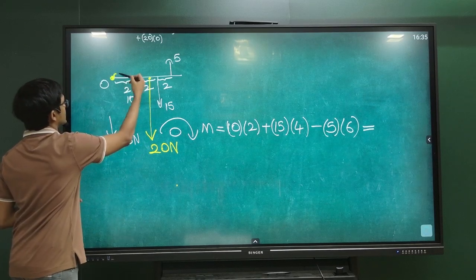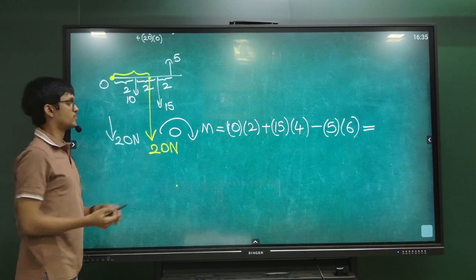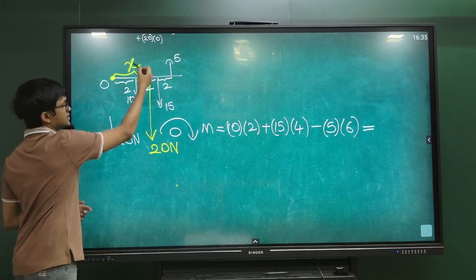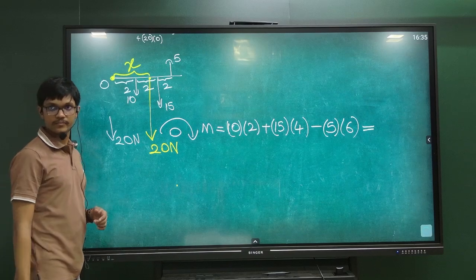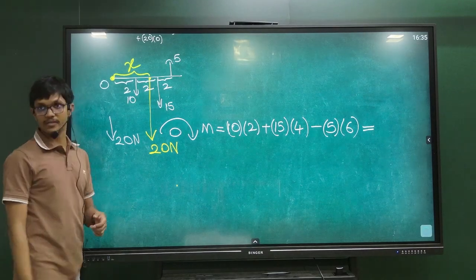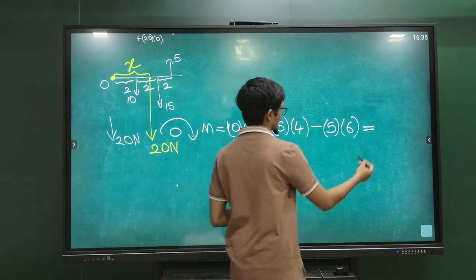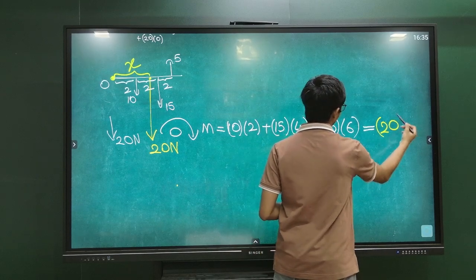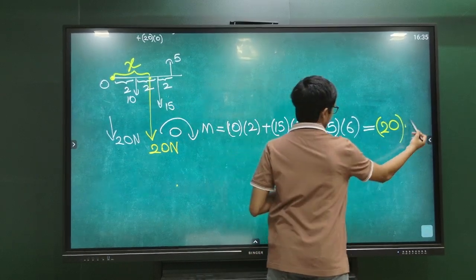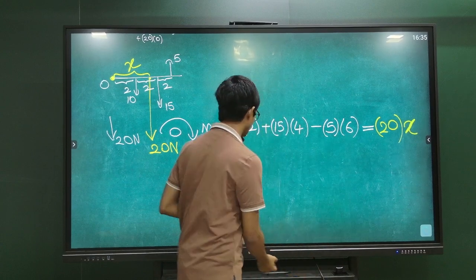If the distance to that 20 newtons resultant force is x, okay, what is the moment by the resultant force? 20 into x. Now you can get the answer.